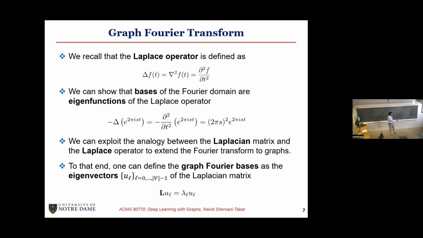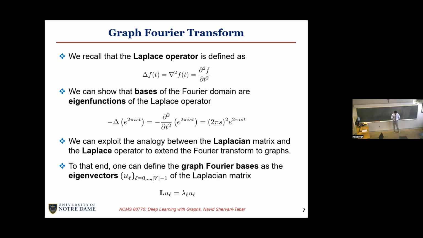And the eigenvectors give us a notion of basis, using which we can take some signal defined on the graph, which we call the spatial or nodal domain, and represent it in the space of the eigenvalues of the Laplacian matrix. We call it the spectral domain.